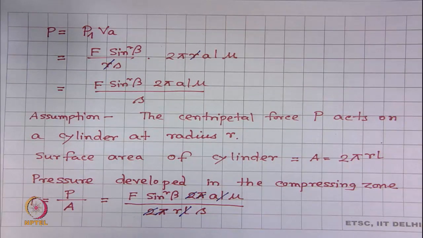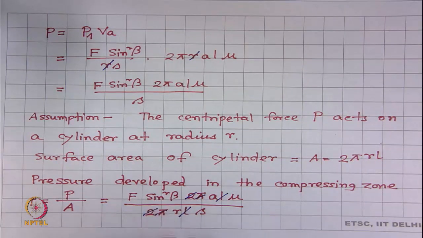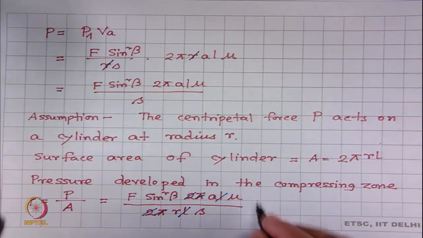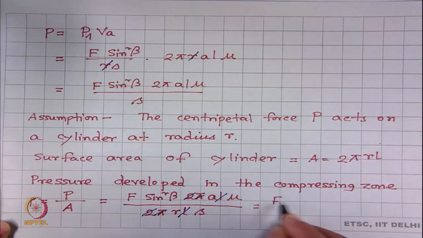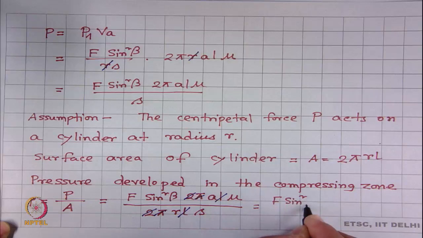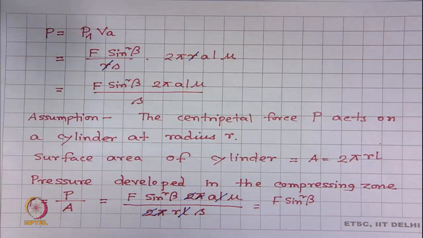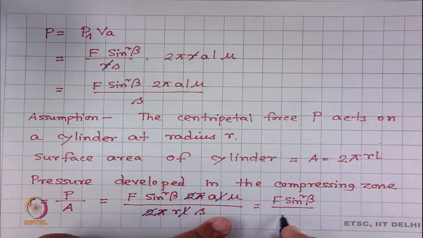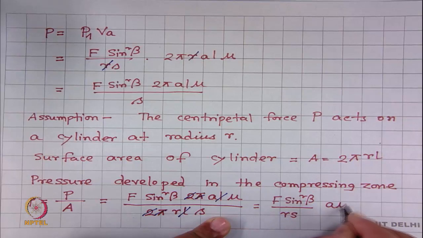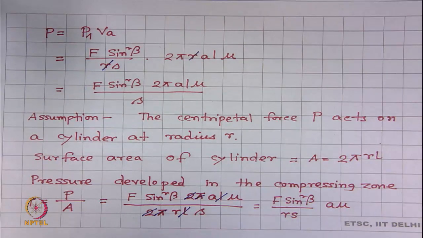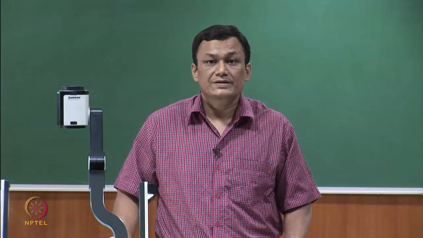What you obtain is P equal to F sin square beta a into mu divided by r into s. So, this is the expression for the pressure developed in the compressing zone.